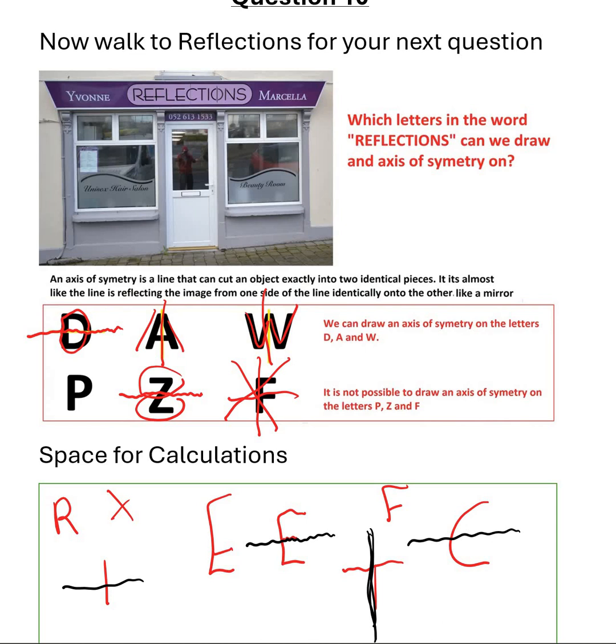The O does. In fact, the O has infinite axes of symmetry, because I can draw a line anywhere as long as it crosses the middle, and it will be the same on both sides. The N doesn't. Okay, you might think it does, but it doesn't. Try it out. And the S doesn't. Again, it looks as if it might have an axis of symmetry, but if you try it out, you'll see it doesn't.